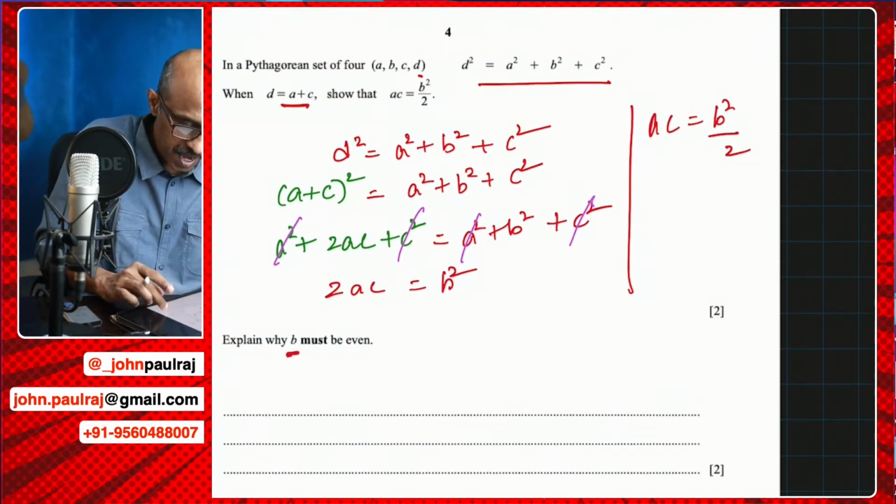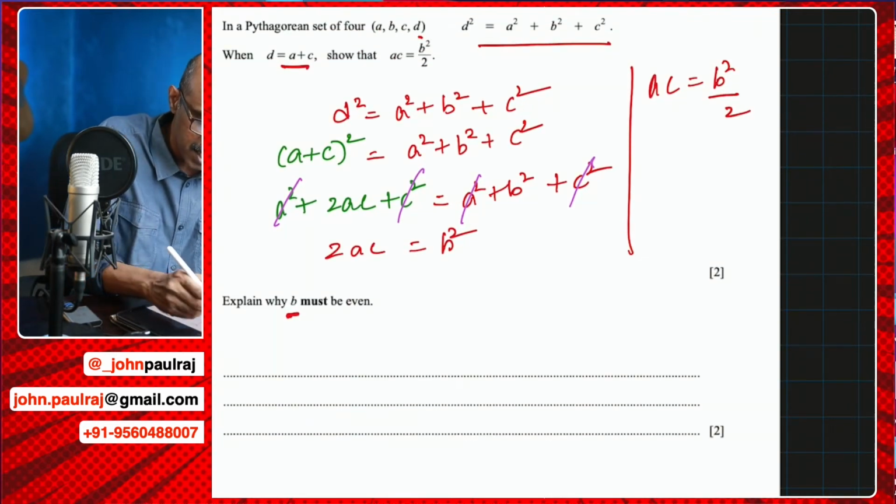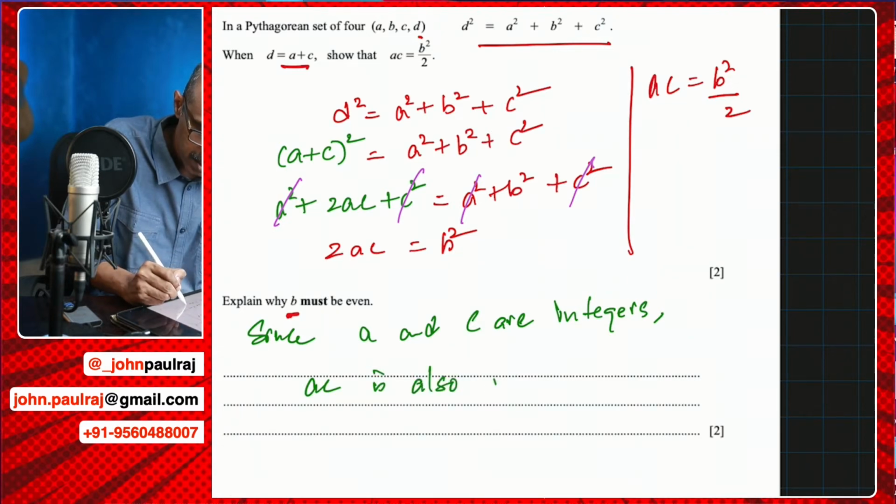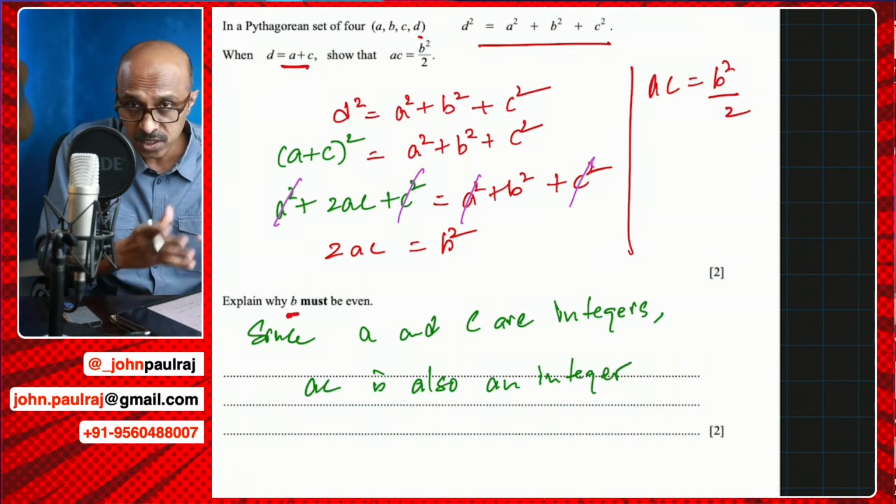So if a and c are integers, I'll write it that way, okay? Since a and c are integers, their product, ac, is also an integer. Right? The product of two integers is going to be an integer.